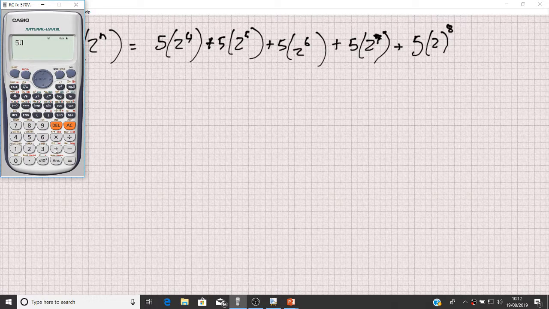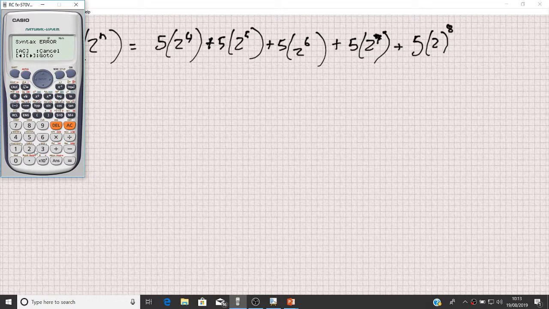That way we'll just have 2 to the power of 4, plus 2 to the power of 5, plus 2 to the power of 6, plus 2 to the power of 7, plus the last term being 2 to the power of 8. And I'll close my brackets and calculate.